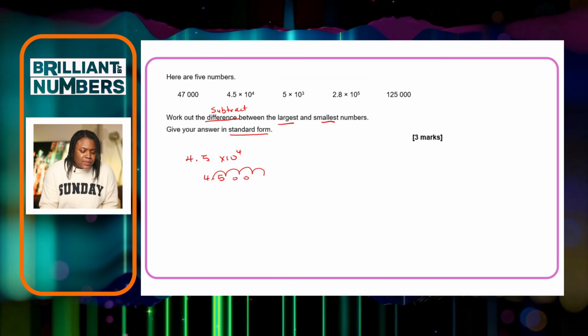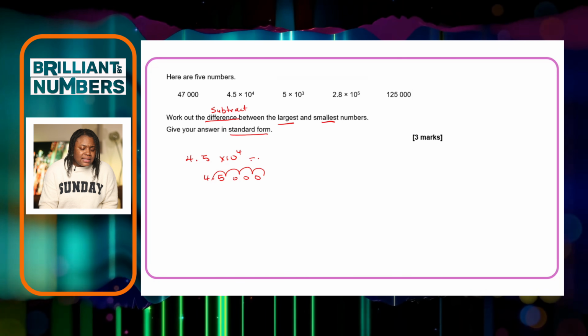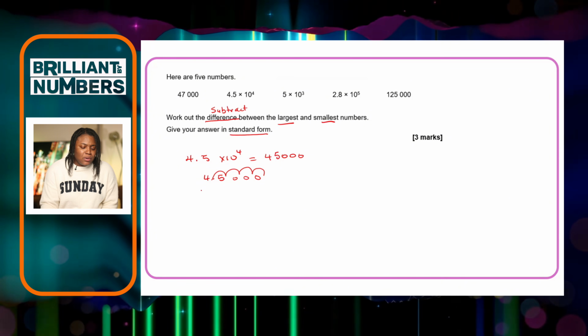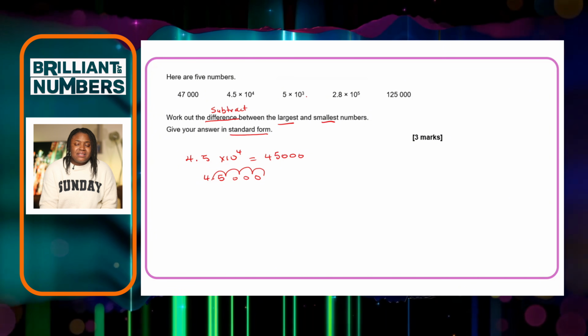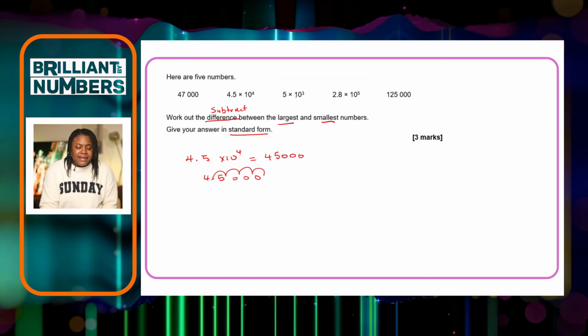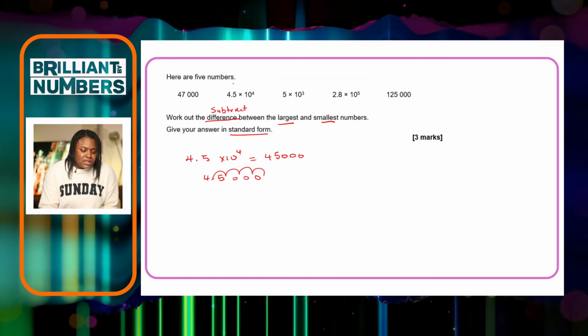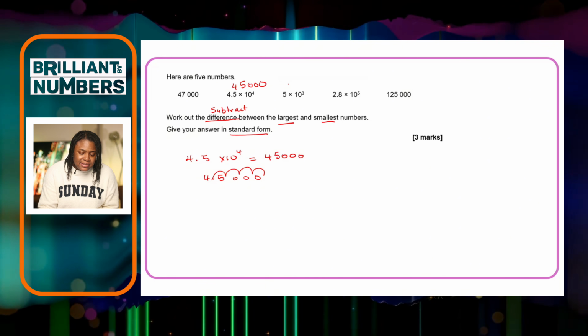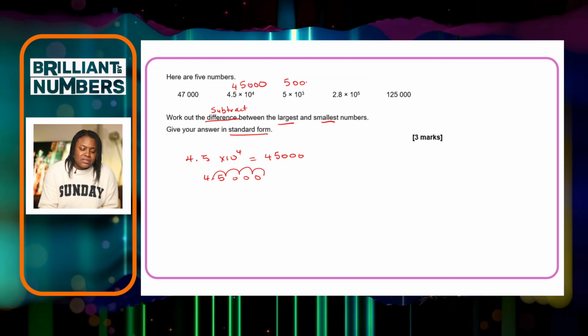I'm going to fill these with zeros now. So this is essentially 45,000. This one, 5 times 10 to the power of 3, is the same as 5,000. Notice I'm even counting my zeros. So this is just 5,000.